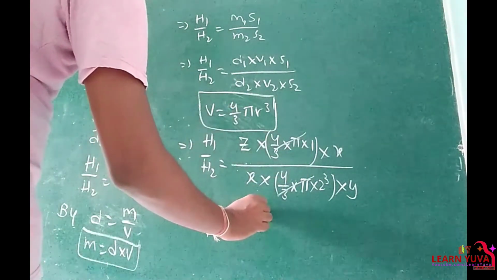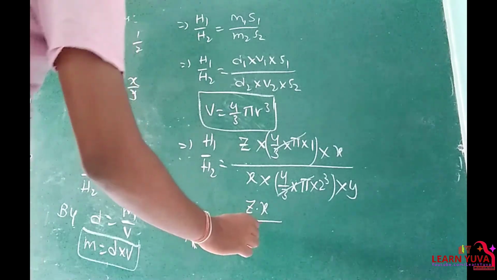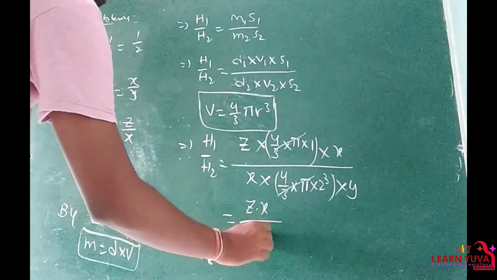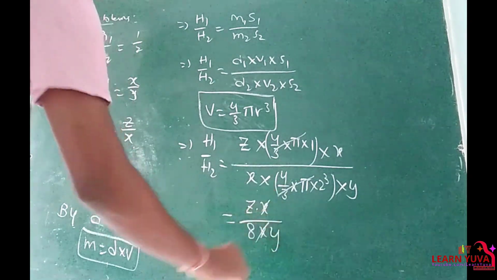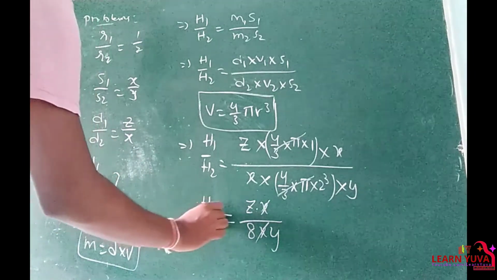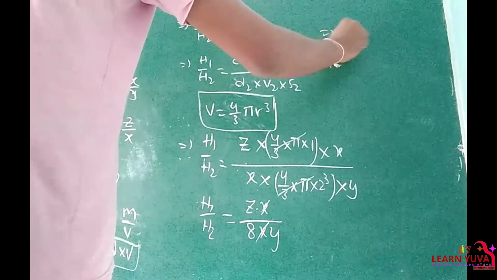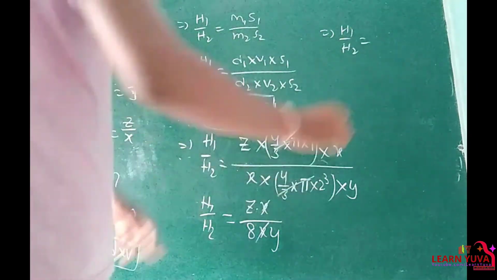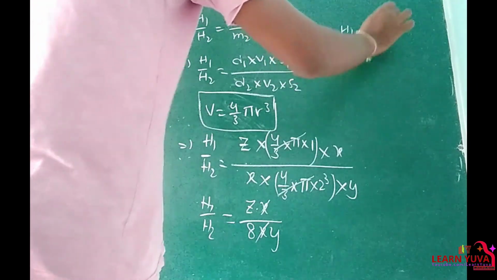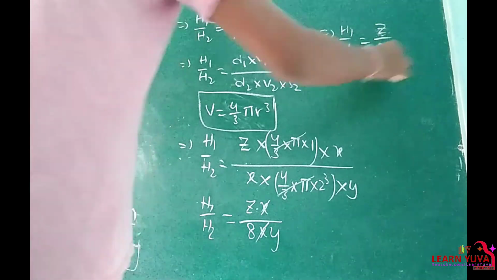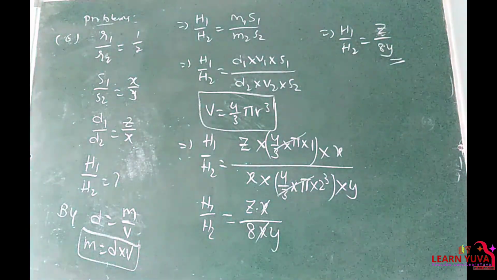Zx by 8xy, xx gets cancelled. So that implies H1 by H2 is equal to Z by 8Y. That is the answer, right? Thank you.